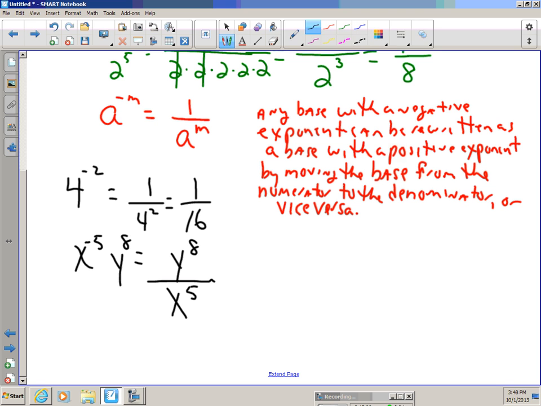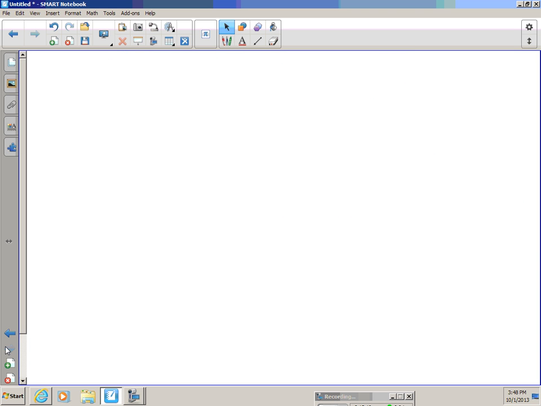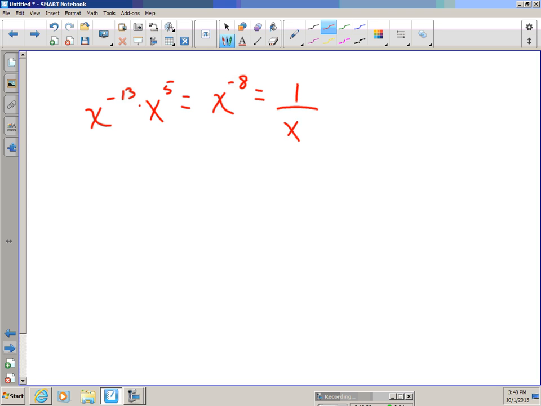Now, when you recall our prior rules on dealing with the product or quotient or power to a power, the fact that I have negative exponents doesn't change any of those rules. So, for example, x to the negative 13th times x to the 5th. My product rule told me add the exponents. The only thing different is since I ended up with a negative, I've got to change it.